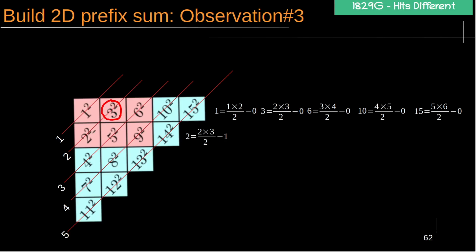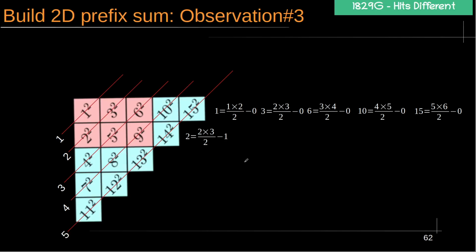Same here: we have 10 here, 9 here, 8 here, 7 here. So from 10 we subtract 1, then 10 minus 2, 10 minus 3, etc.